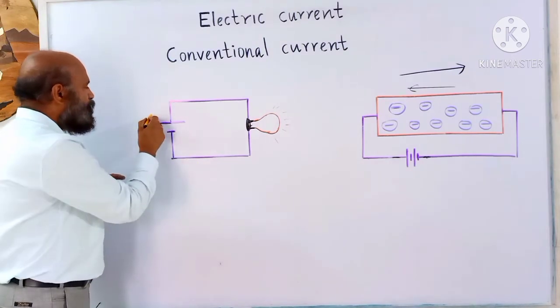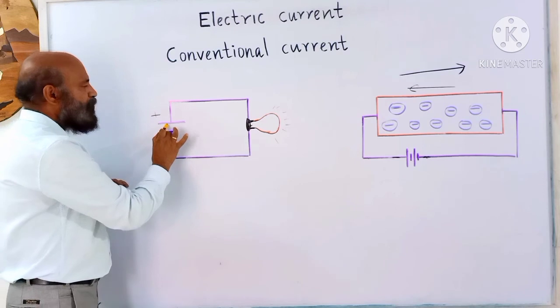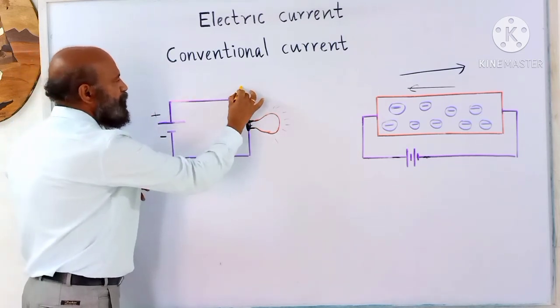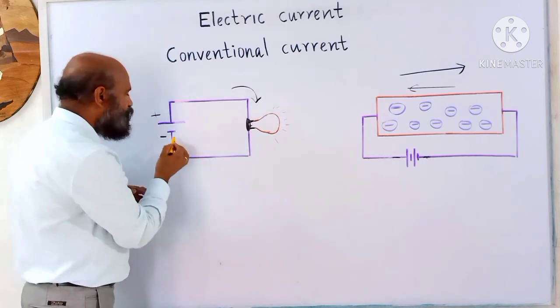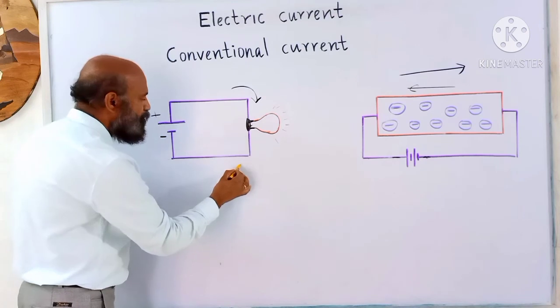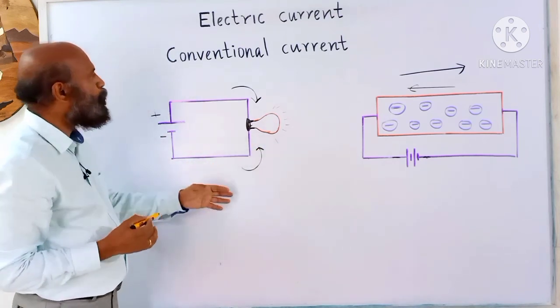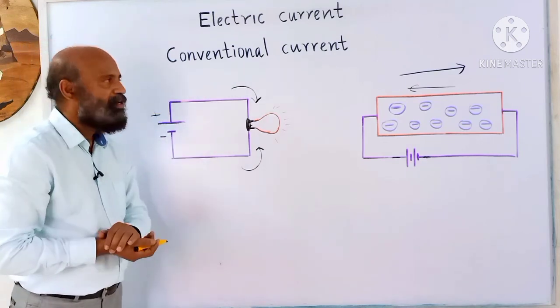This is the positive terminal and this is the negative terminal. So the direction of the conventional current is from the positive terminal to the negative terminal. But the flow of electrons is from the negative terminal to the positive terminal. So the direction of the flow of the electron is opposite to the flow of the conventional current.